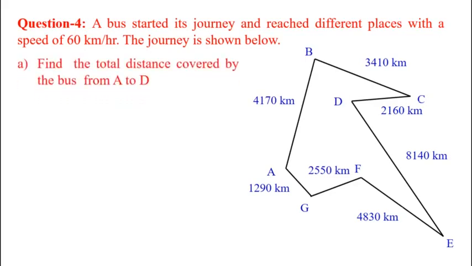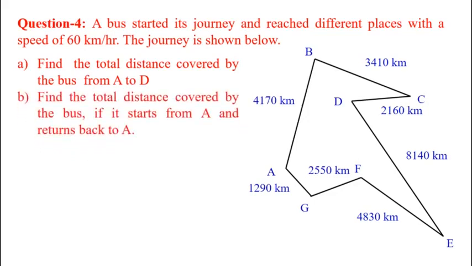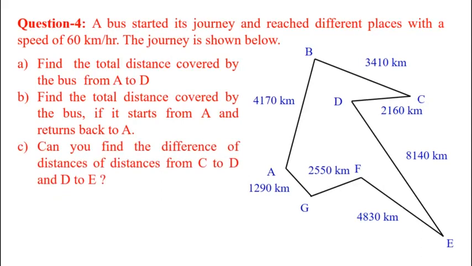So first question is, find the total distance covered by the bus from A to D. Second question is, find the total distance covered by the bus if it starts from A and returns back to A. Then C, can you find the difference of distances from C to D and D to E?